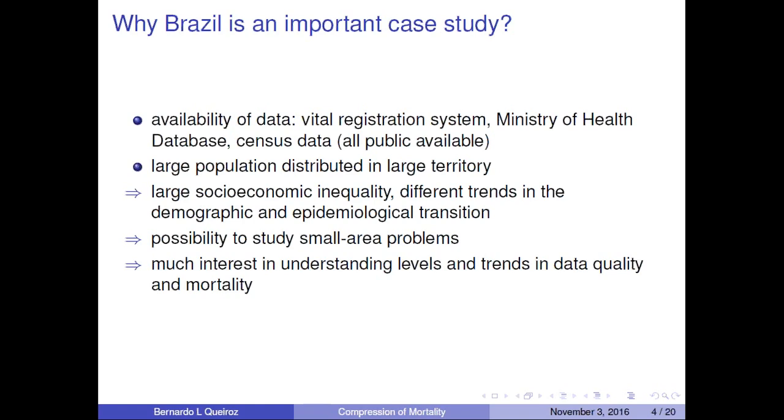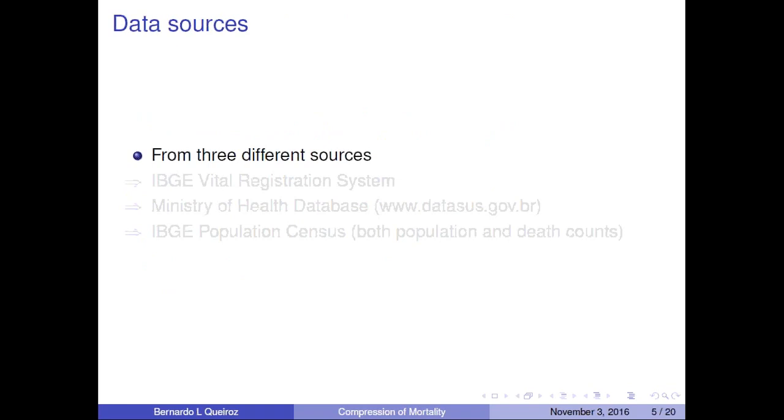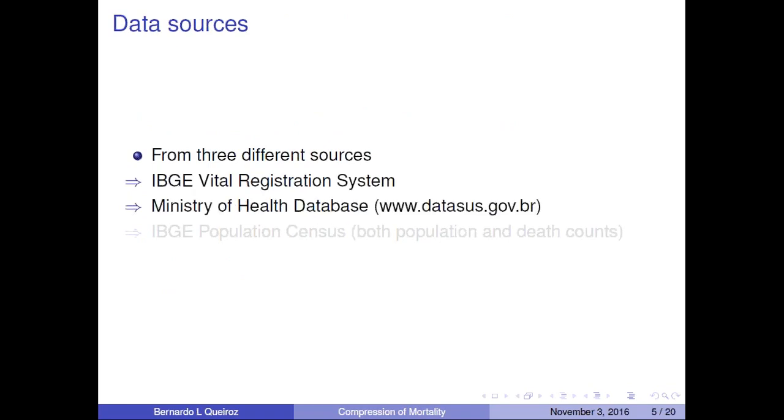In recent years there's been a huge increase in understanding levels and trends of demographic data at the local level. I use data from the vital registration system from IBGE, and the Ministry of Health database. You can download the data there, at the datasus.gov.br site. You might need to know some Portuguese, unfortunately.